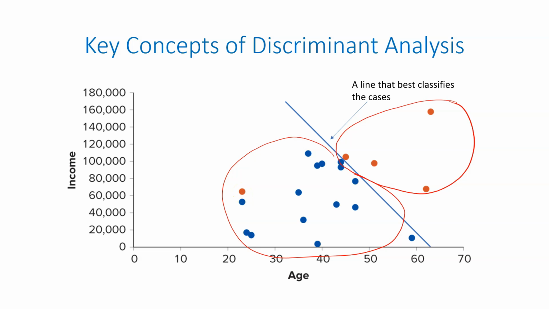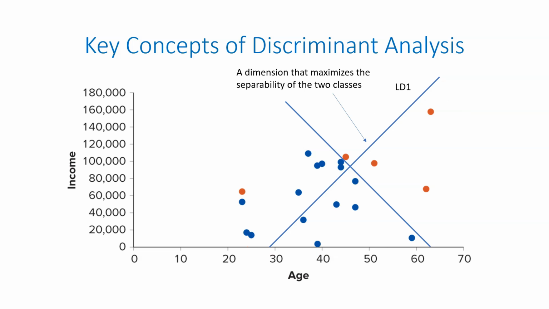There is not another linear line that would be able to separate the two classes better than the one that we have here. And coincidentally, the line that is perpendicular to this best classifier is the discriminant function that would maximize the separability among the classes. Now let's draw this line and call it LD1. Since we have two classes, we only need one discriminant function, LD1, to separate the two classes.